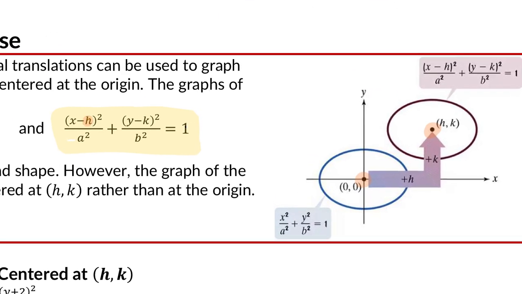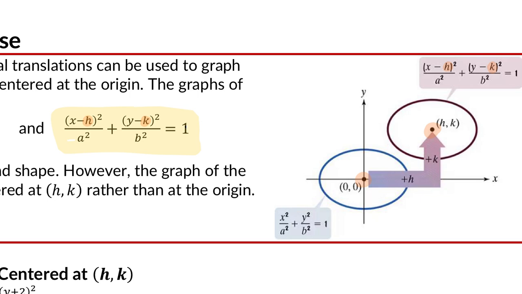H is always next to x, k is always next to y, and it creates your coordinate point h, k. So we're going to now have numbers added and subtracted to the x and to the y, similar to when we graphed circles in Unit 2 or 3, whatever chapter that was. And that's going to shift the circle or shift the center of the ellipse around the graph.